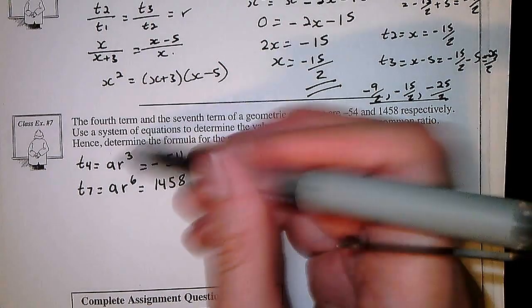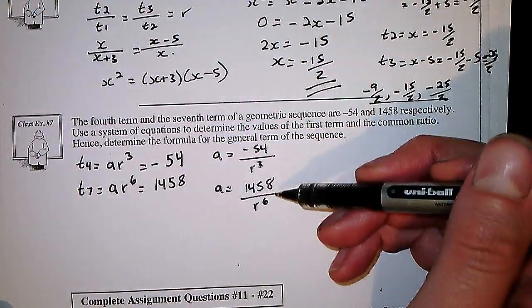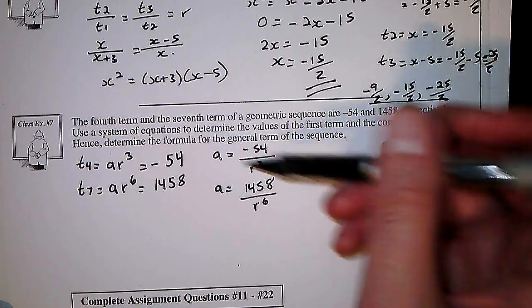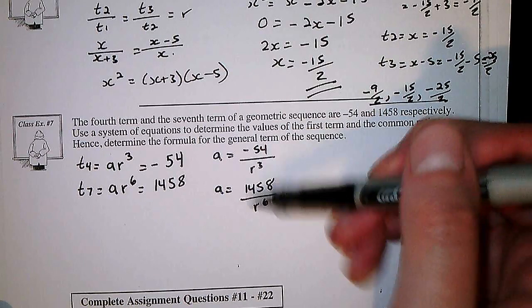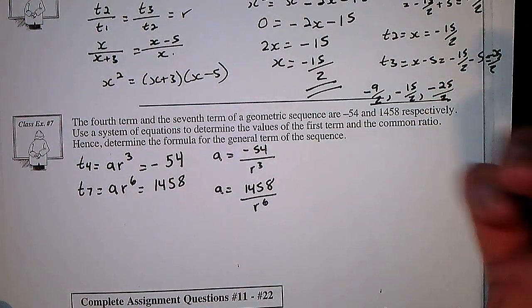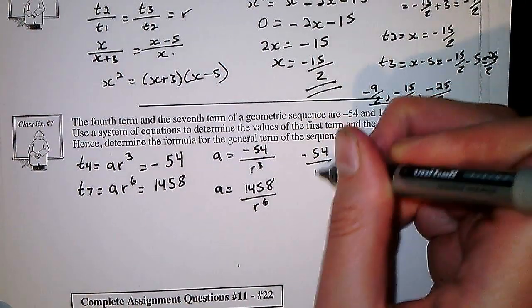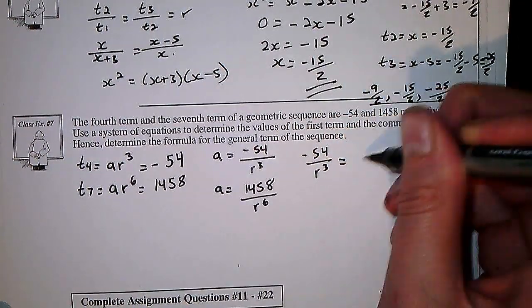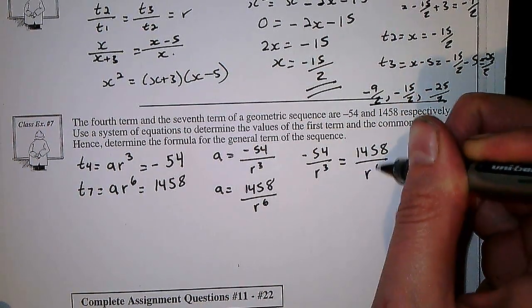So all I've done is rewrite this formula in a different way. Same with this one here. So now I have them both in terms of a. I can set this equal to this, and I should be able to then solve for r. So I have negative 54 over r cubed equals 1458 over r to the 6.